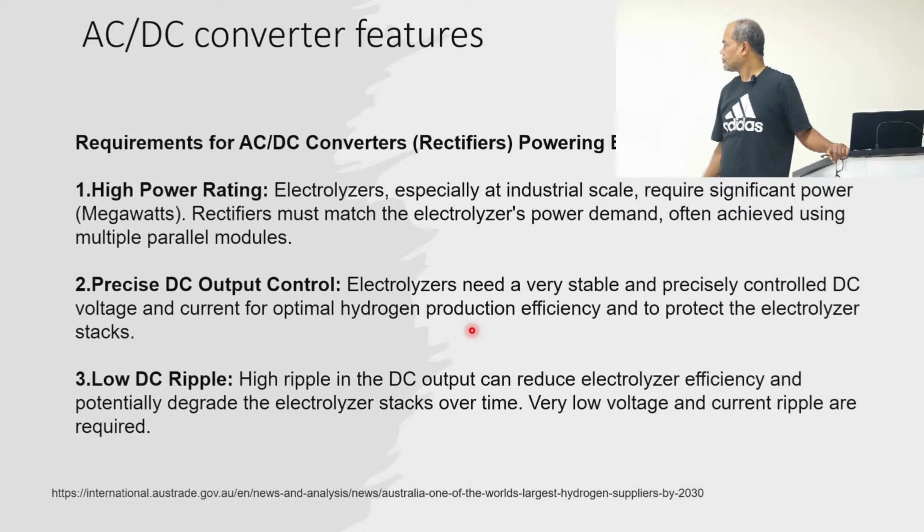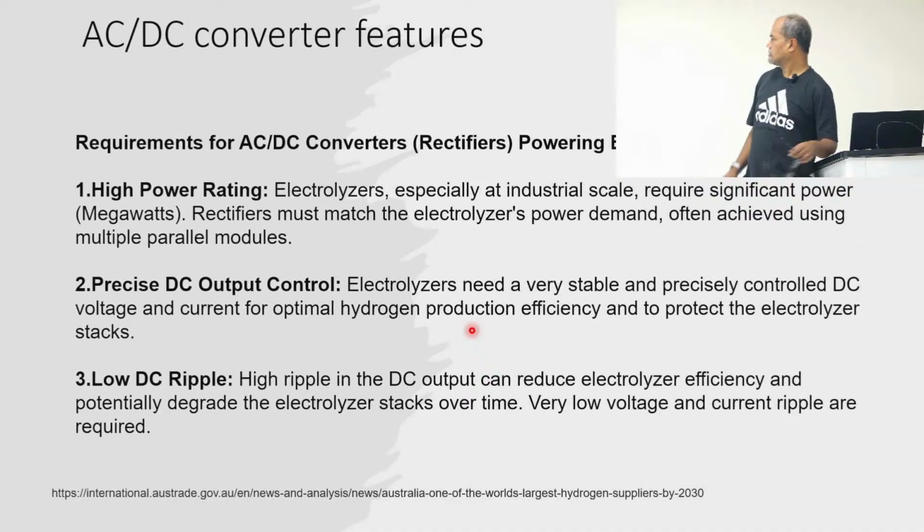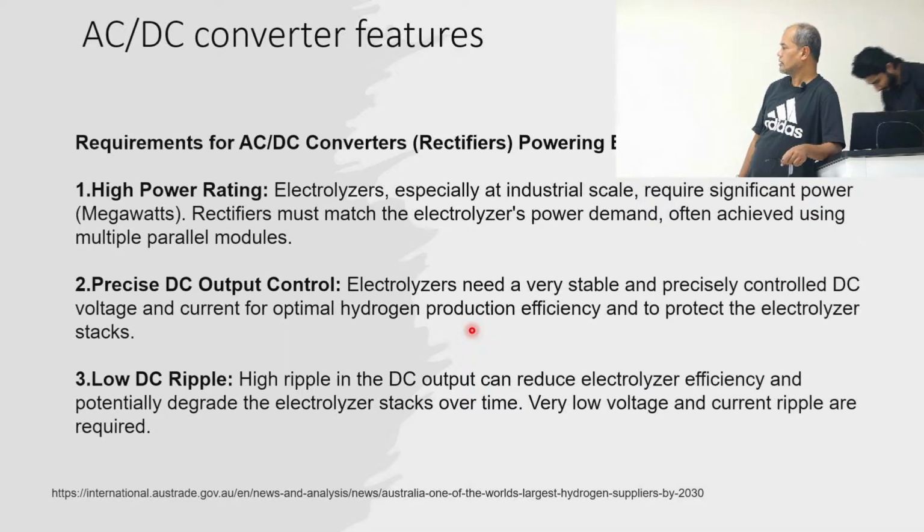That's why we need a controlled DC current and also controlled DC voltage for optimal operation of the electrolyzer. We have to make sure that it's not only DC, but controlled DC, both voltage as well as current.